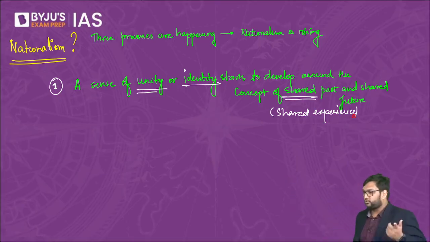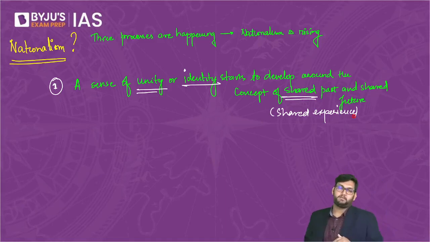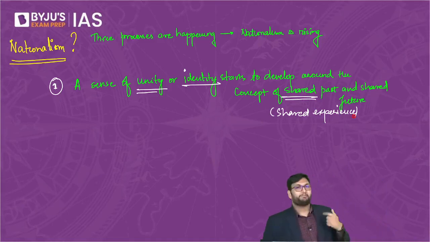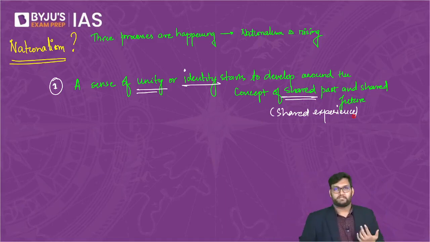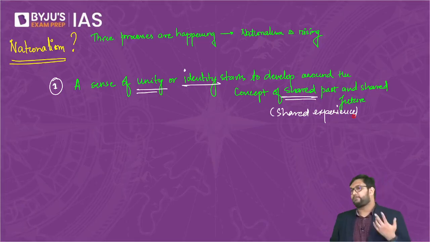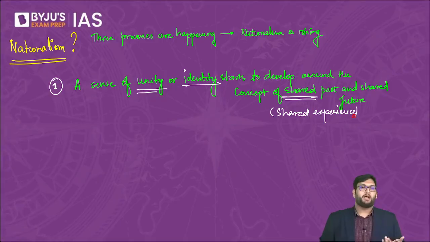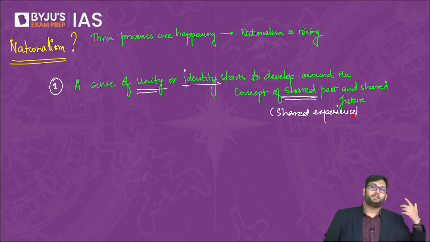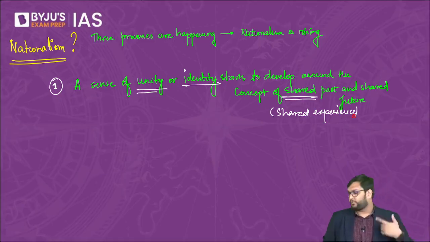If the British rule us, they rule both of us. So your future and my future are not independent of each other. Your future, my future is tied to this nation. Therefore, our unity and identity is tied in the concept of shared experience and what we will experience later together. Are you getting my point?